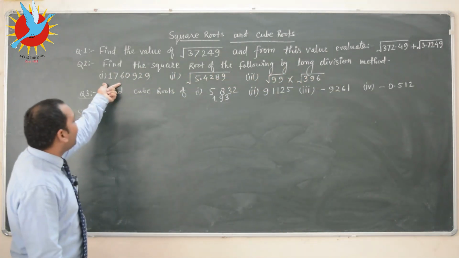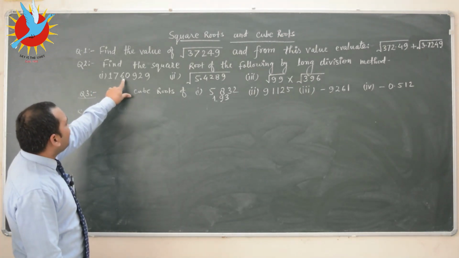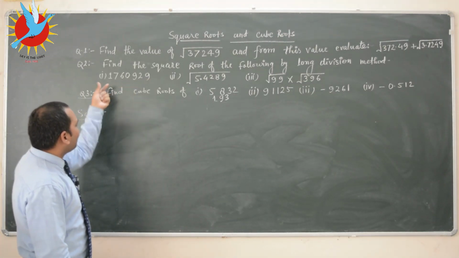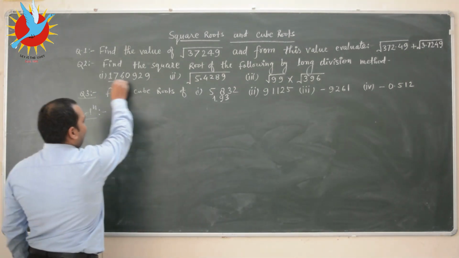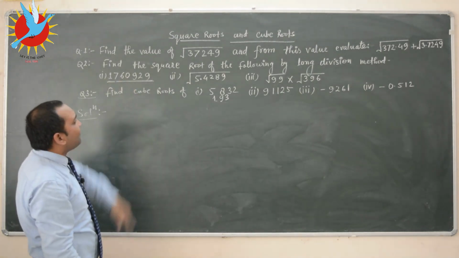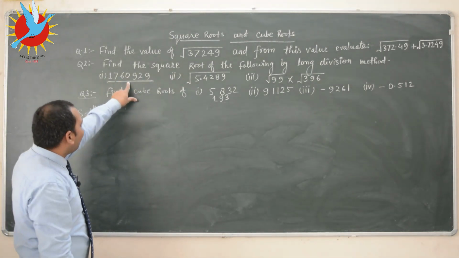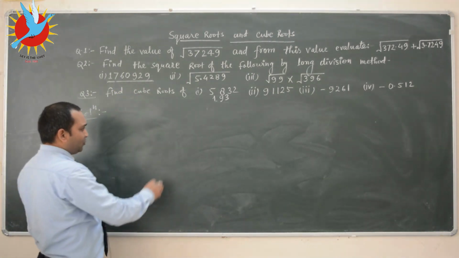So the first question is 1760929. So this is a long number and we have to find the square root of such type of number. Then we find the square root by the long division method.